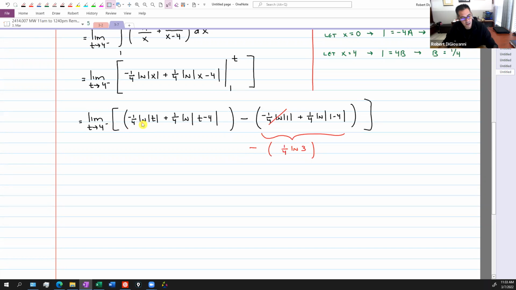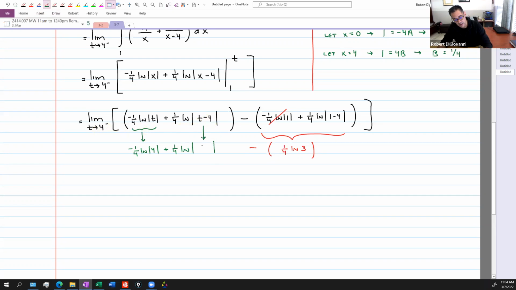When t goes to 4, this becomes minus 1/4 natural log of just 4. That's not a problem, right? Natural log of 4 is whatever the natural log of 4 is. Then plus 1/4 natural log of, here's where we have a problem. Because if t goes to 4, 4 minus 4 heads to 0, right?